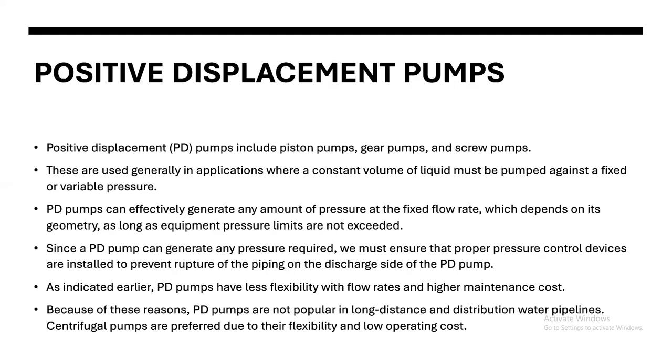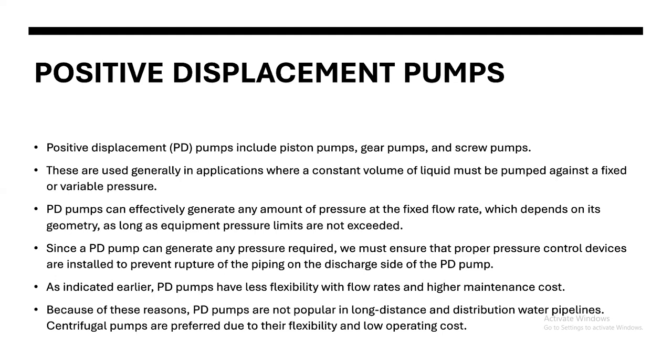Positive displacement pumps include piston pumps, gear pumps, and screw pumps. These are used generally in applications where a constant volume of liquid must be pumped against a fixed or variable pressure.